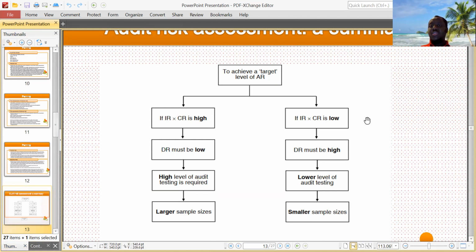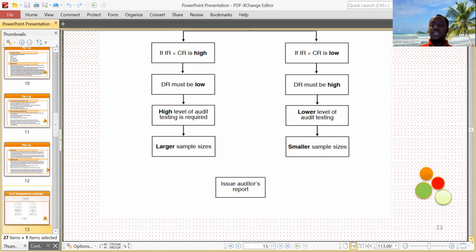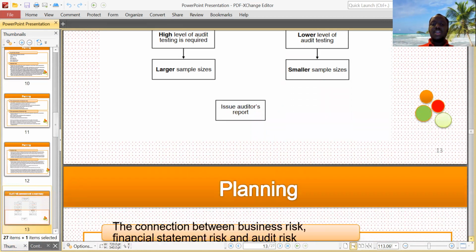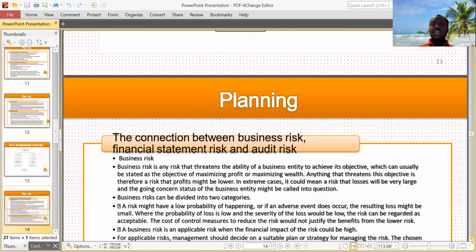If inherent risk and control risk are low, the auditor doesn't have plenty of work to do as compared to when inherent risk and control risk are high. There's a lower level of audit testing, and so detection risk must be high, and smaller sample sizes will be involved. I hope the picture is clear. It's very, very important.